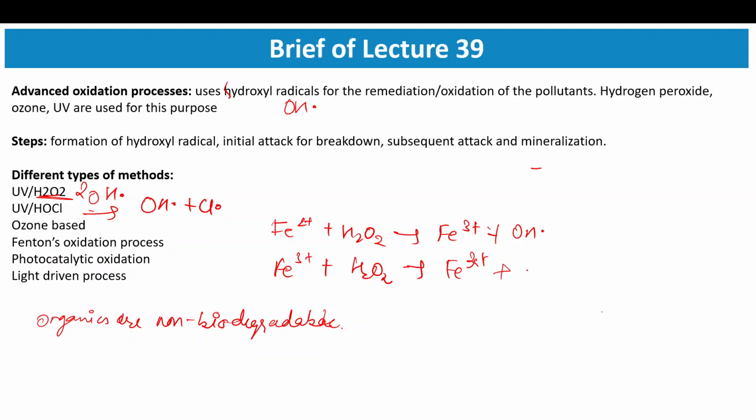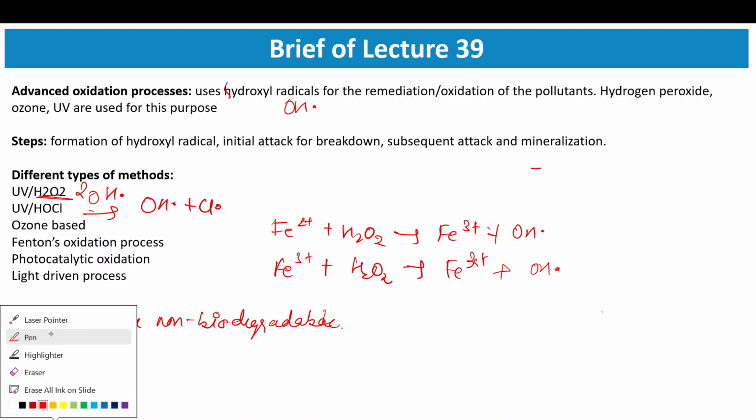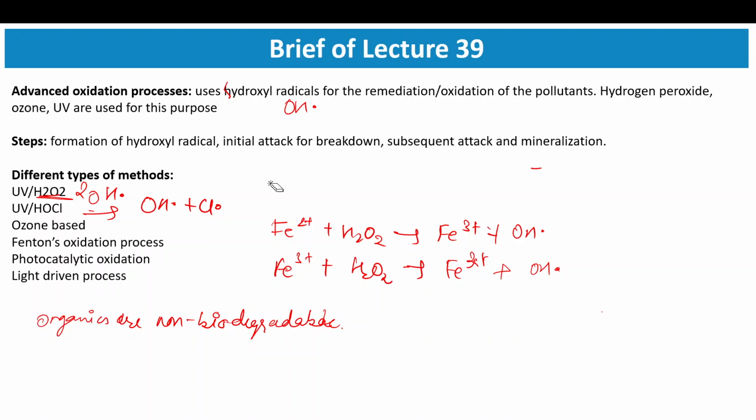So you can say H2O2 is only giving you this OH radical, which further acts upon the organics. Now, the reaction mechanism is highly complex for the degradation using OH radical, right?